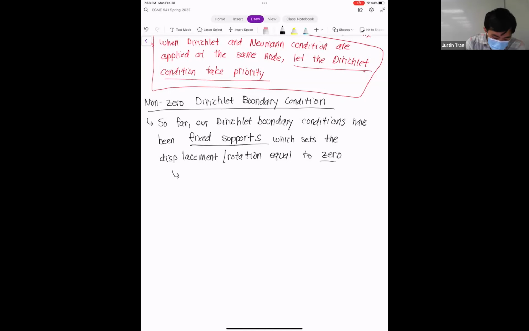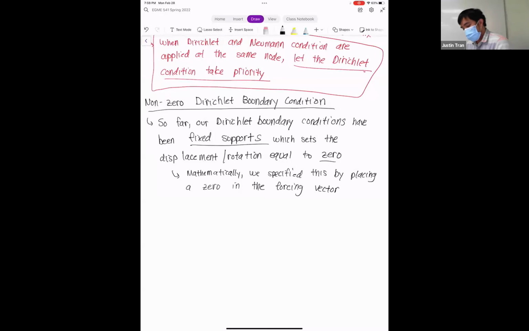Mathematically, the way that we applied this was that we put a 0 in the forcing vector, along with the usual changing the row to have a 1 on the diagonal and 0s everywhere else.